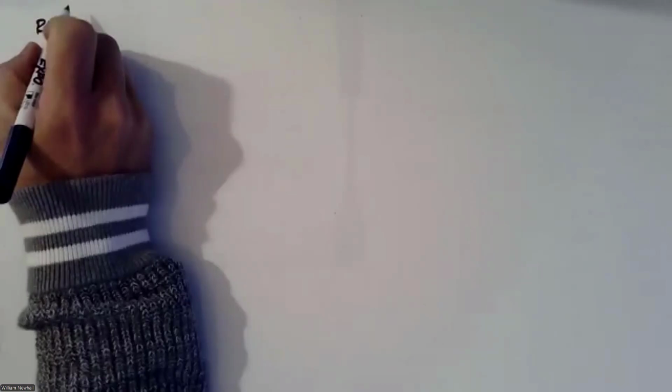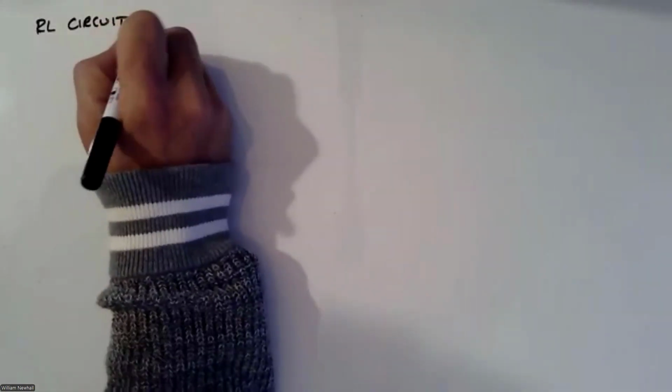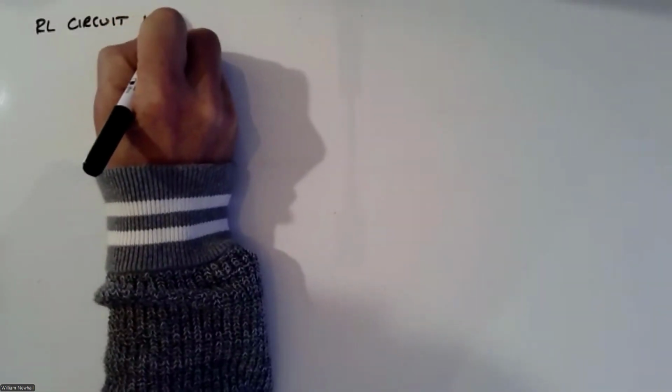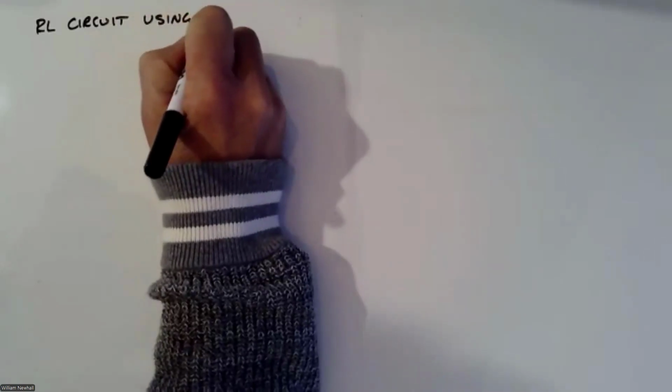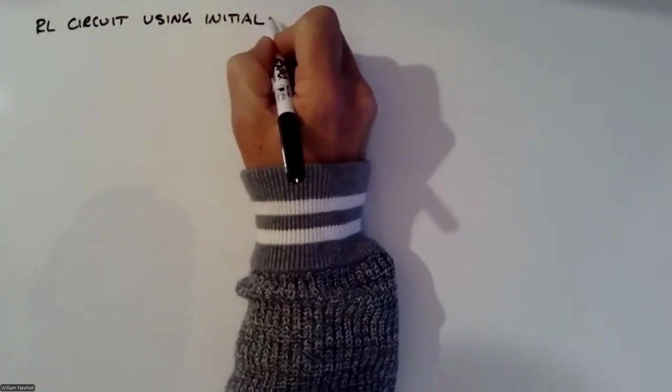So let's solve an RL circuit. So this will be an RL circuit example. When I say solve the circuit, we're going to determine a current and a voltage using initial and final values.